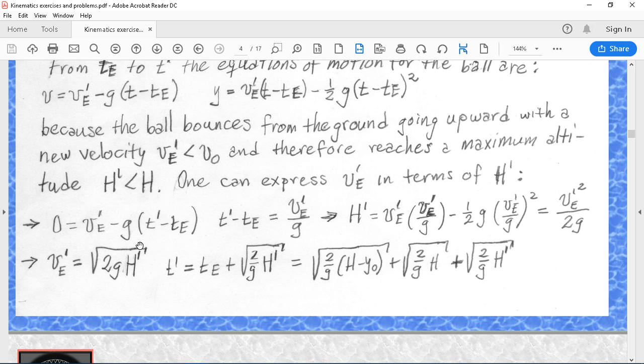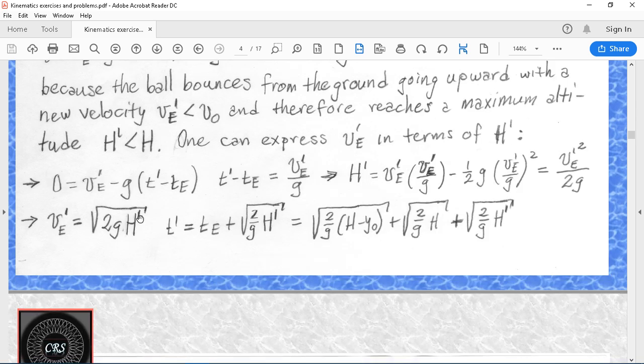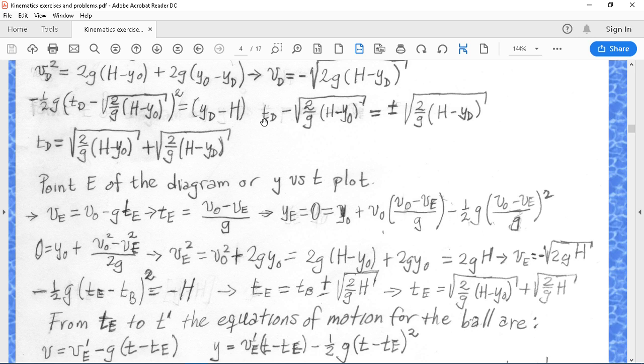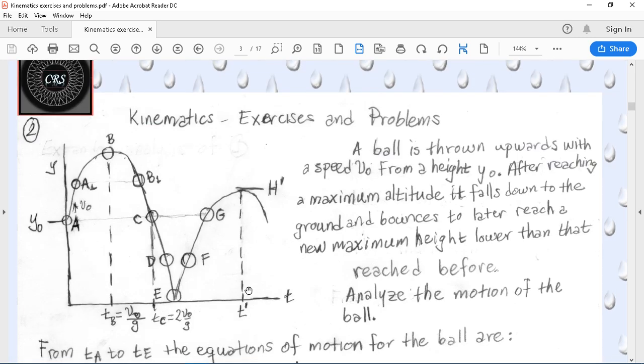Okay, so first thing we have to do is find what's the value of ve prime. That we can do by considering the case when the ball reaches the new height h prime at the time t prime.